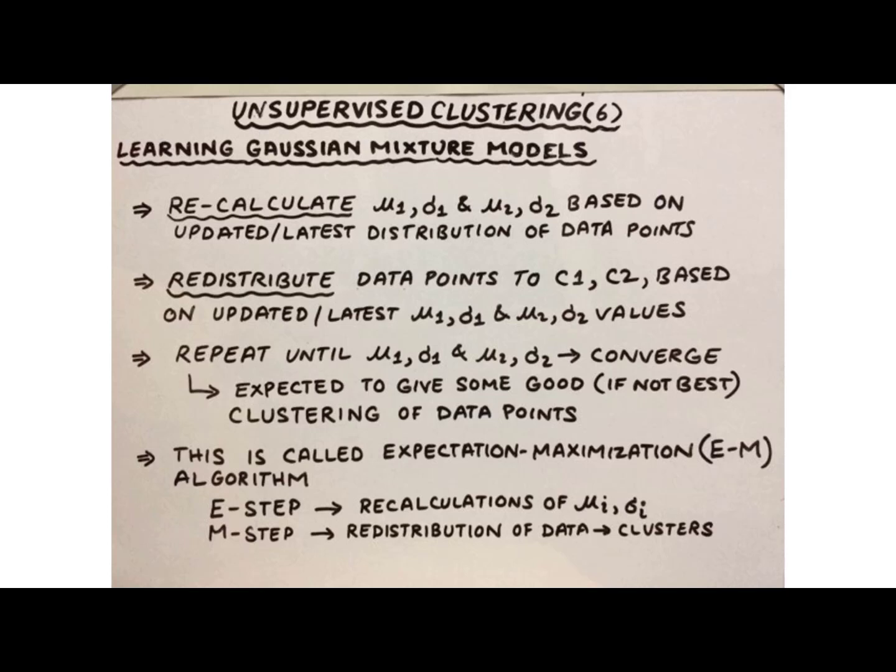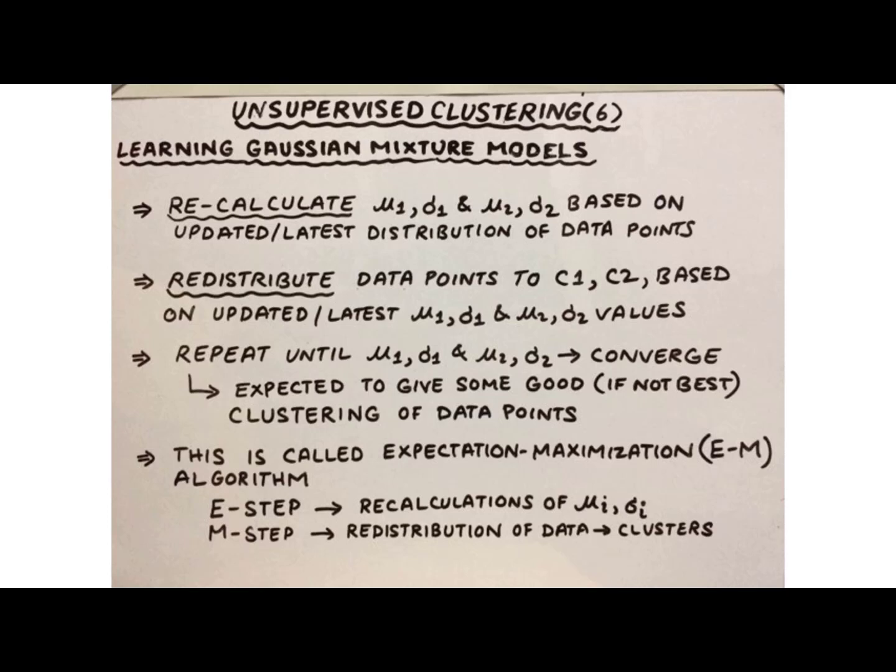So we are saying that we update the labels of the data points, and then based upon that update, recalculate the values of the mean and the standard deviation. After this refitting and recalculating the parameter values, we are going to redistribute the data points to the new clusters.